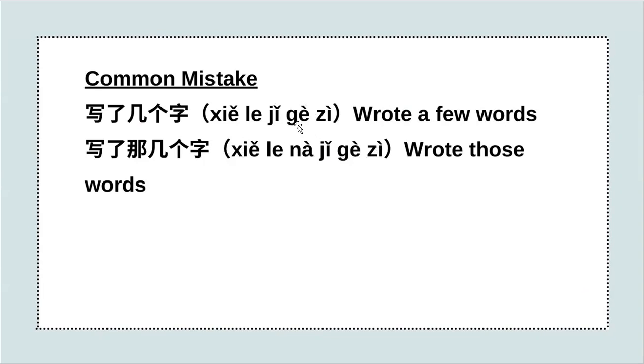So 写了几个字, as we learned just now, is correct. This sentence has no problem. We just want to learn about the difference between 写了几个字 and 写了那几个字. So in 写了那几个字, 那 refers to that.